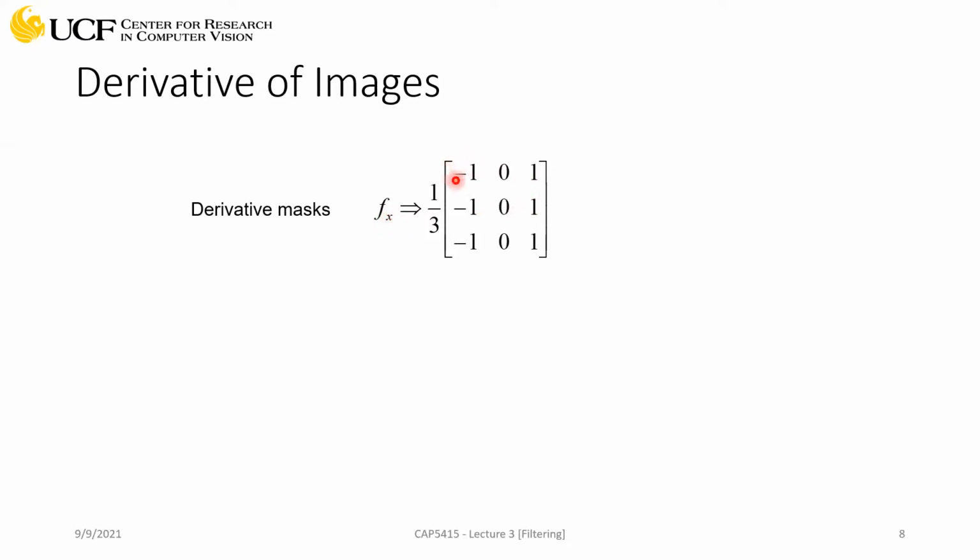For one dimension, you just had -1 and 1, and for central difference it was -1, 0 and 1, right? So in this case, you just extend that in the y-axis as well and form a matrix. Okay, so this will be your derivative mask for x gradient, and similarly you will have a derivative mask for y gradient.